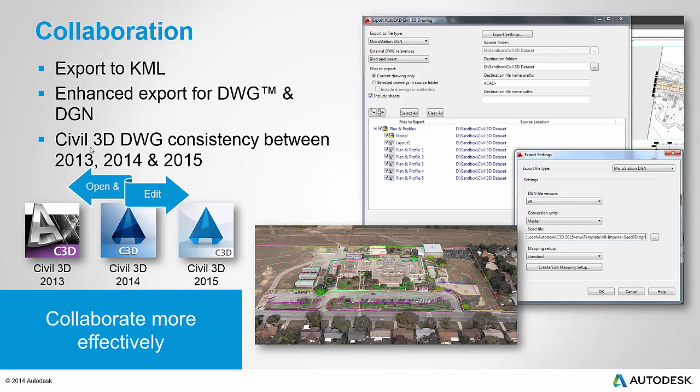For those folks that maybe need to complete a project in 2014 but would like to start working with the application in 2015, we can now move files back and forth between the different versions. That's going to give us the ability to collaborate a lot better with other organizations, our people internally, and also be in a better position to deliver exactly what our project requires.